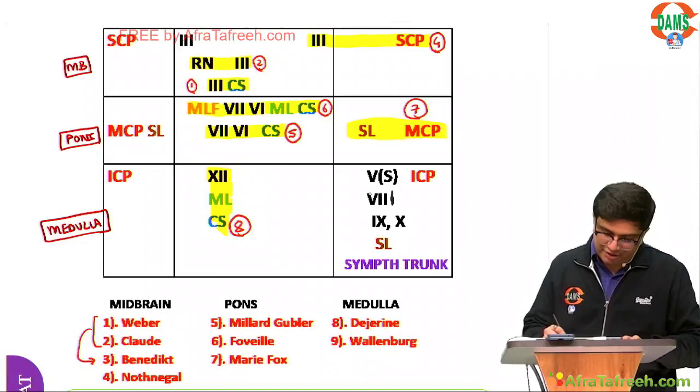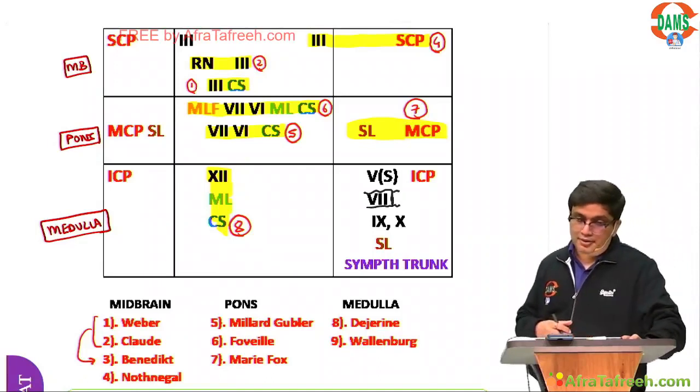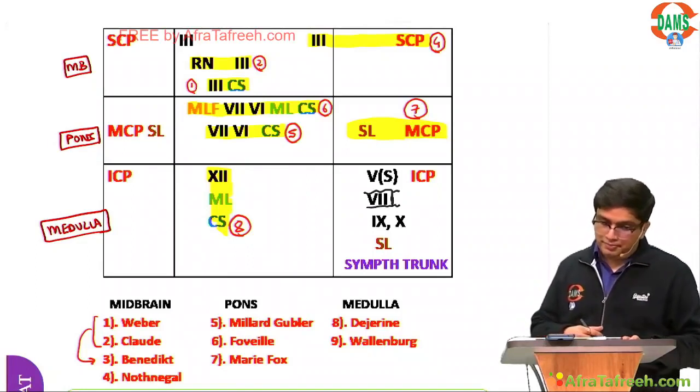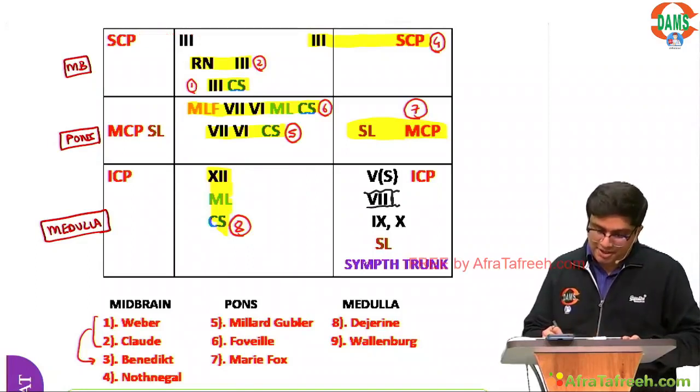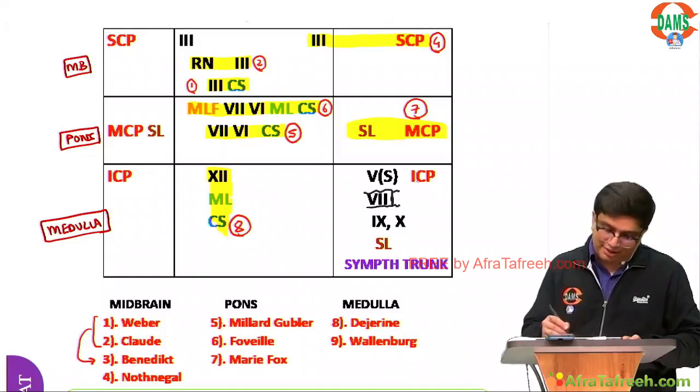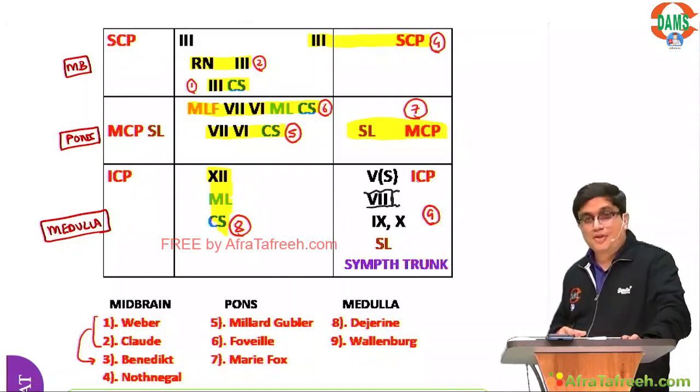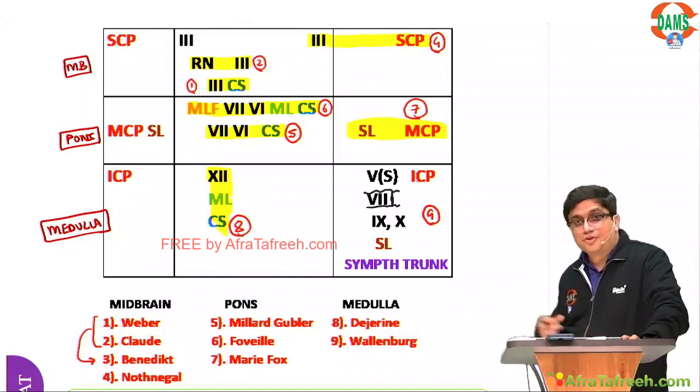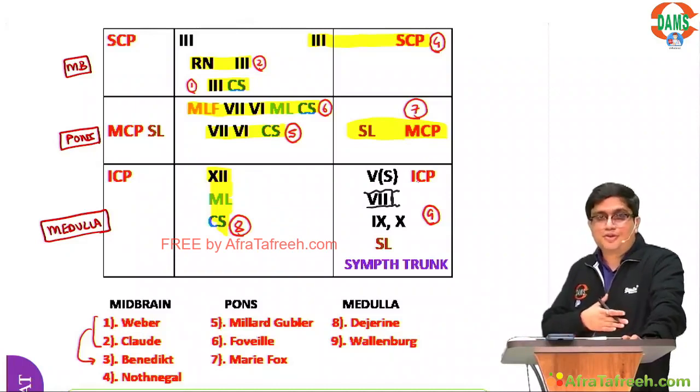Just make a correction over here, make it as 8. 9, 10, spinal lemniscus, sympathetic trunk, and the inferior cerebellar peduncle, 9. So that's a lateral medullary syndrome known as the Wallenberg syndrome.